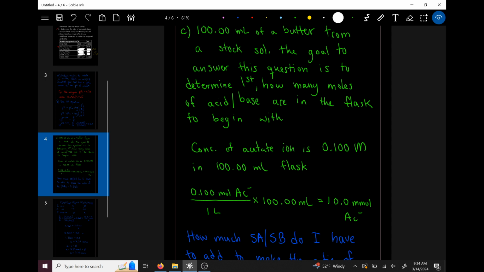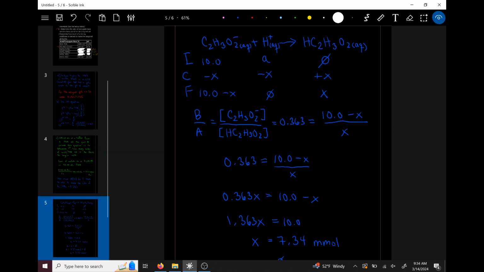We're going to do that calculation first, and then we're going to go back to figure out the volume of HCl that has to be added to the flask to force the pH to go down to 4.30.